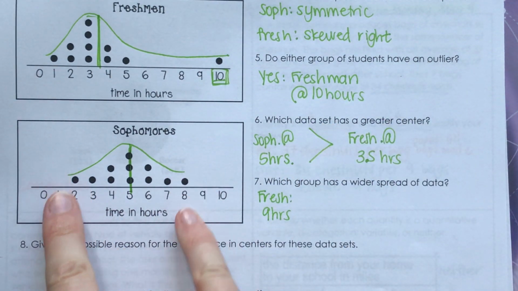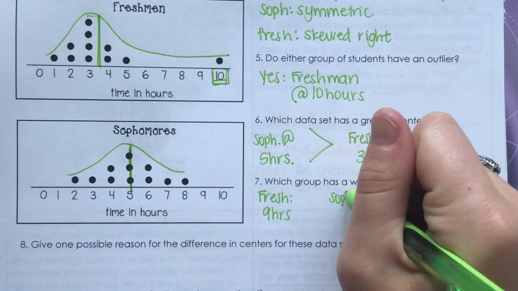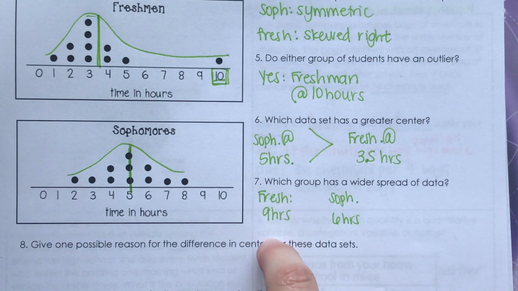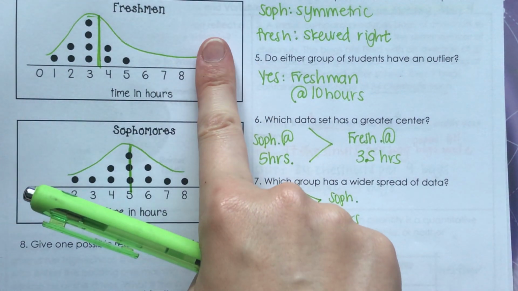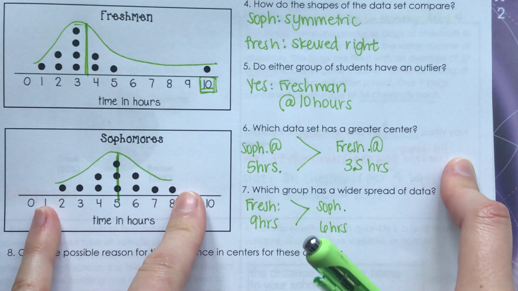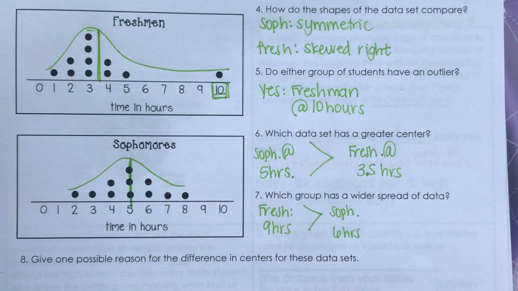If I look at the sophomores, it looks like I go from 2 to 8, which would be 6 hours. So because of the outlier, the freshmen have a wider spread. Had I taken that outlier out, it would have been really easy to see that the sophomores have a wider spread than the freshmen. But because of this one little outlier, it kind of ruins my data.